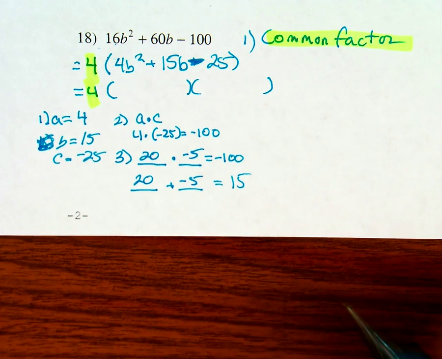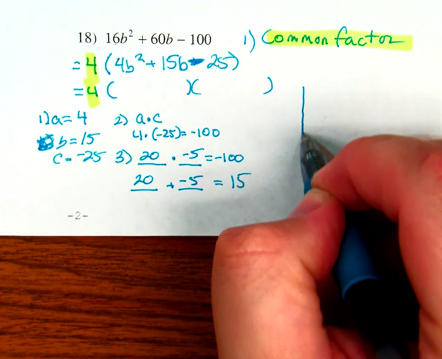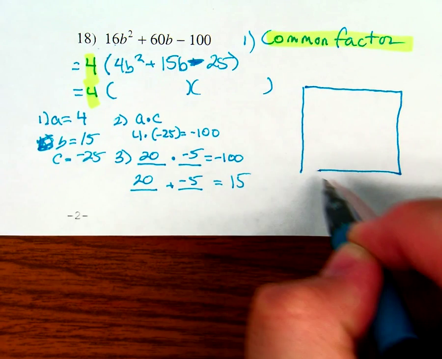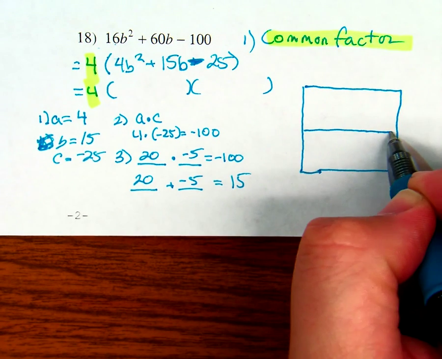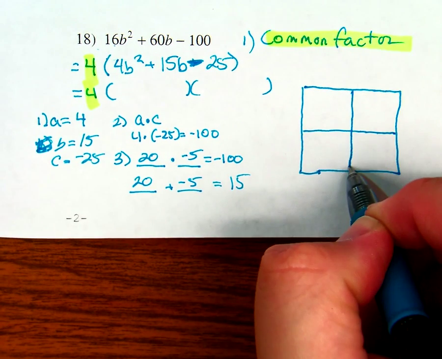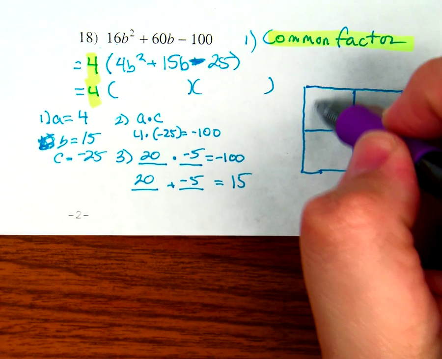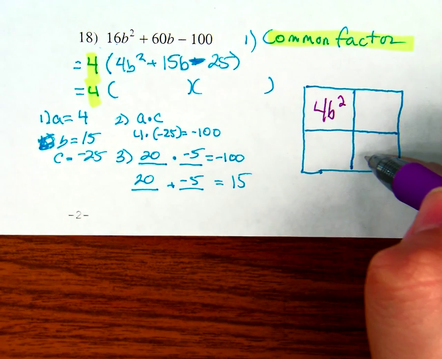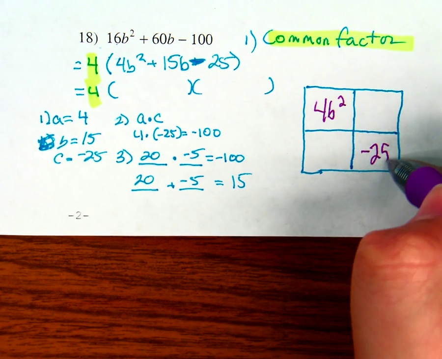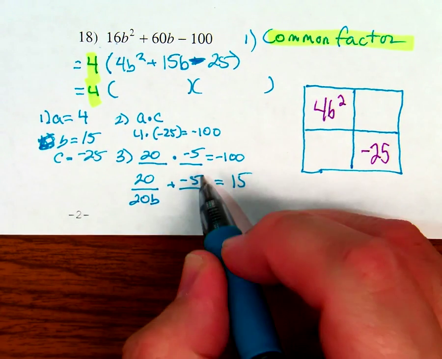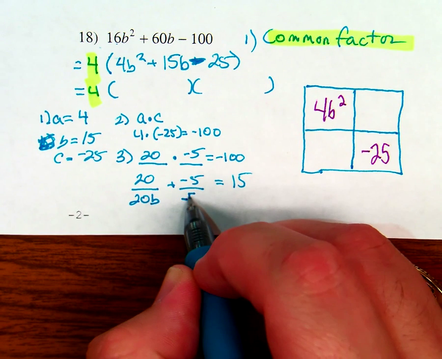We're good to go. Now we build the Lindsay box. Because Mr. Lindsay thinks he created this. He thinks he created everything. But he did not. All right, put the first term in here and the last term in here. Now remember, this 20 represents 20b. This negative 5 represents negative 5b.